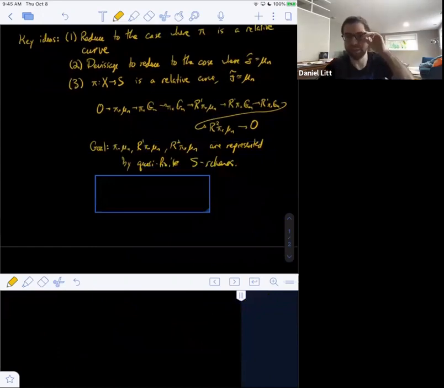Remember last time we had this criterion that I stated but didn't prove, for constructibility in terms of representability by a quasi-finite S-scheme. Are there any questions about why this is the goal?